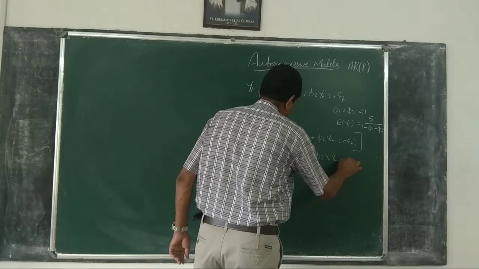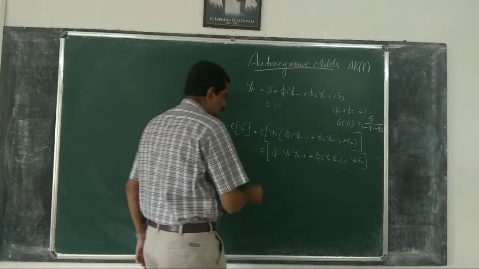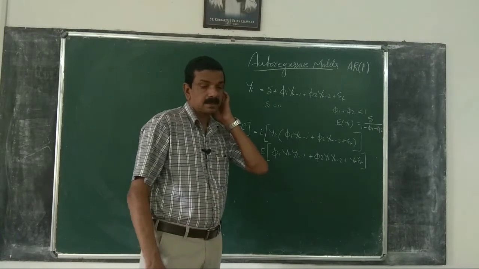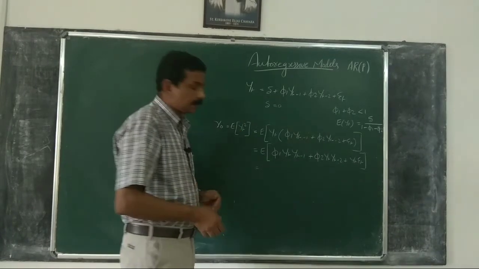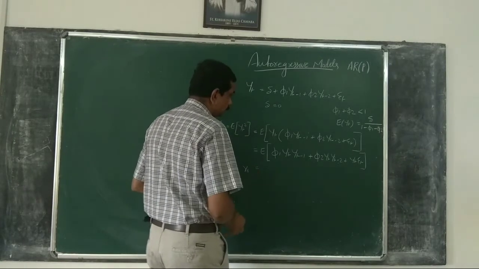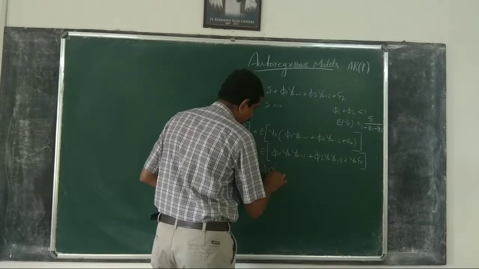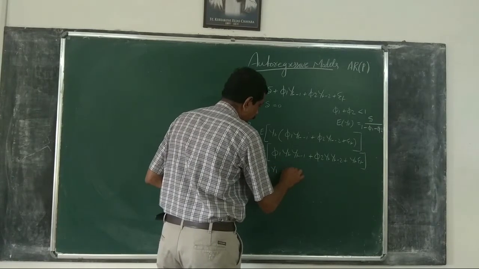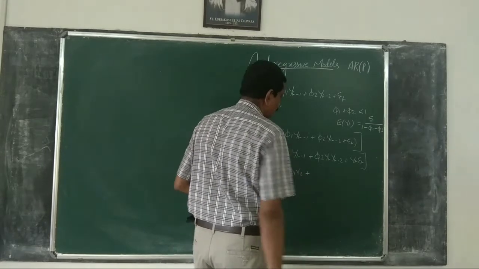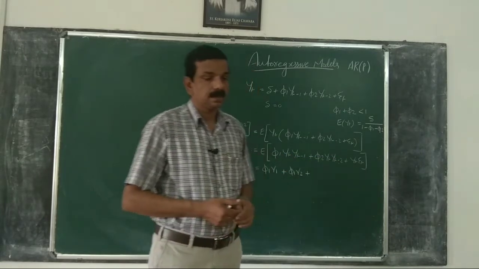And if you take the expectations inside, you will get gamma 0 as equal to phi1 expected yt minus 1 yt, which is gamma 1, plus phi2 gamma 2, plus the expectation of yt epsilon t.